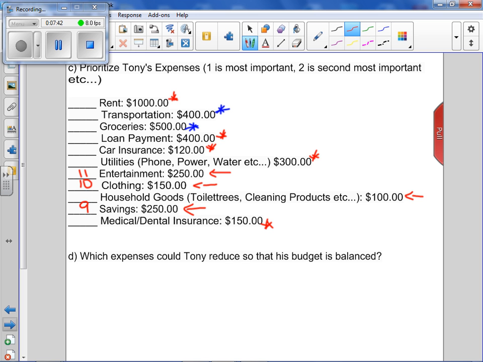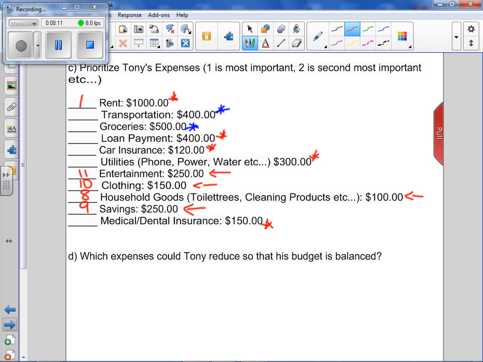The next least important might be the household goods. The next least important, what would I not want? That's really hard. This is going to be really important. I'm going to make that 1. Maybe I work the other way and see how that helps.